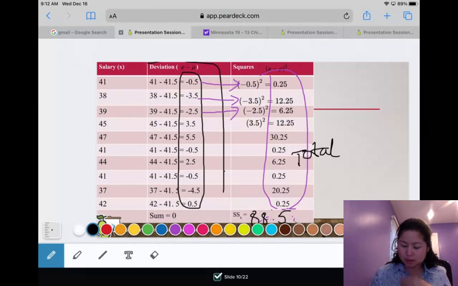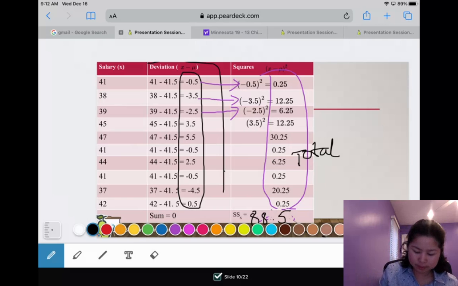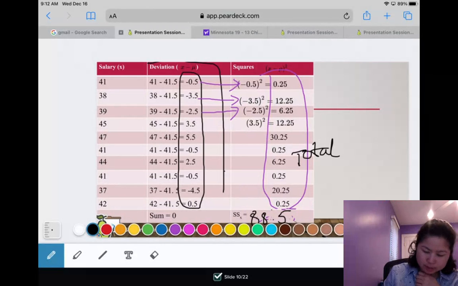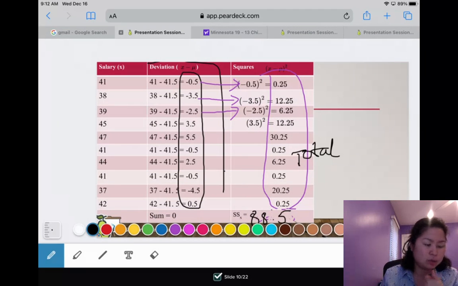Okay, so we got the total, 88.5. I'm going to write out the steps for you. Step number 1 is to find the mean. So we got the mean. Step number 2, we find the deviation. Step number 3 is where we square it.